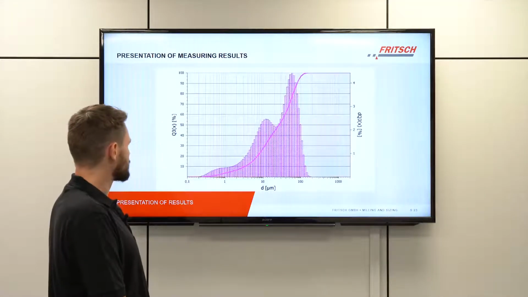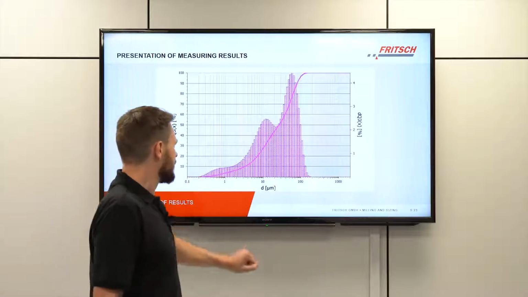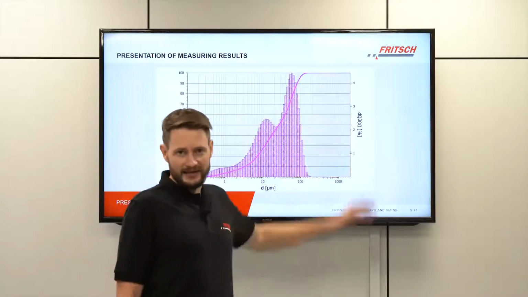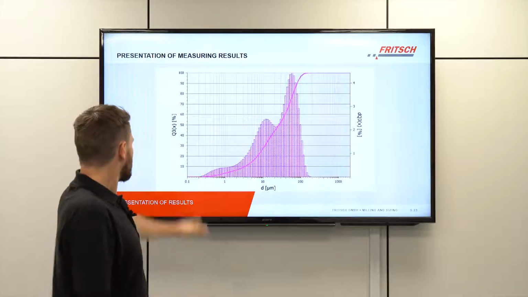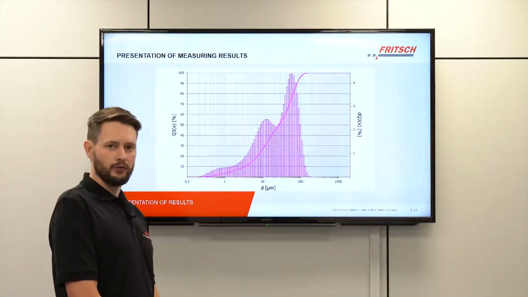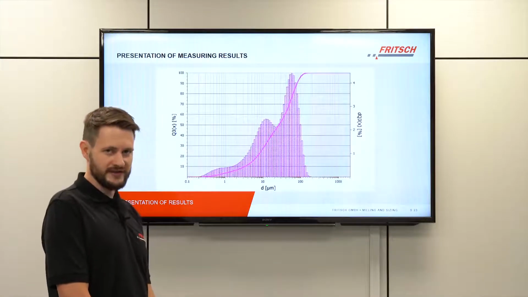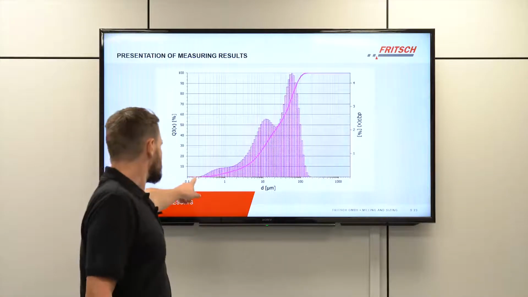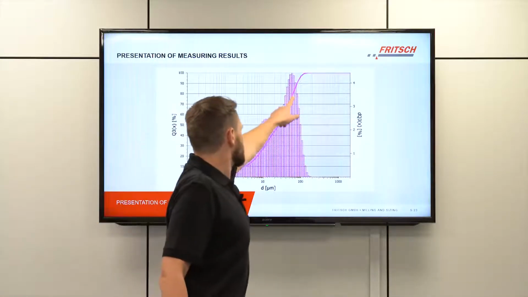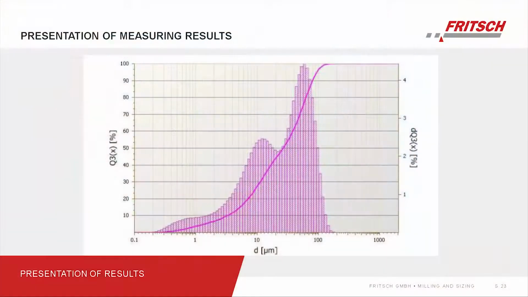And what you can also see is we not only have 2 charts, but we also have 2 y-axes. On the left hand side we have the so-called Q3, which represents the sum curve. That's this continuous line right here, and it basically tells us at any point of the x-axis what percentage of material is smaller than a certain particle size.